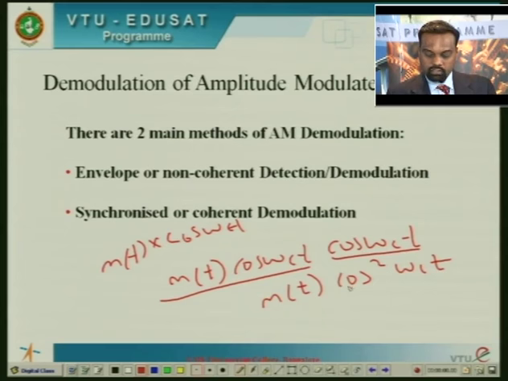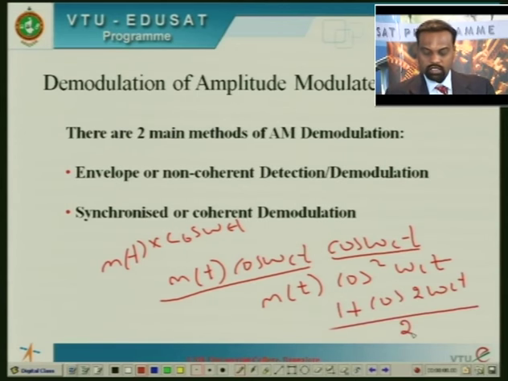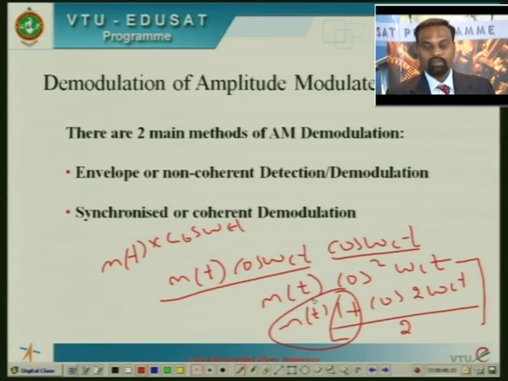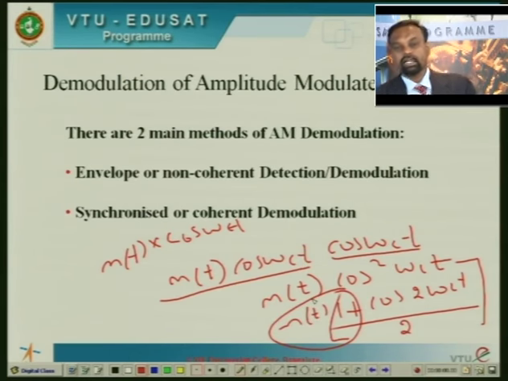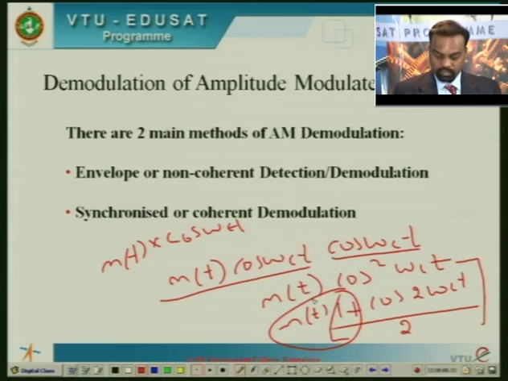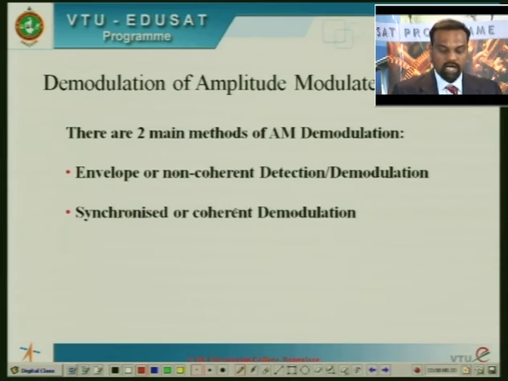We know that cos square omega ct is equal to (1 plus cos of 2 omega ct) by 2. So if you multiply this with m of t, we find that you get back your m of t. And that is the technique used in the demodulation process, your synchronized demodulation technique.